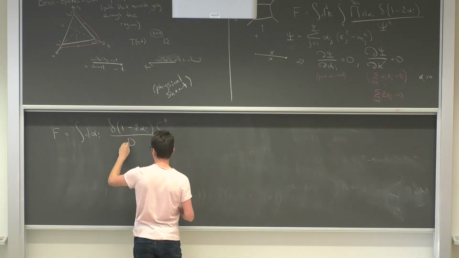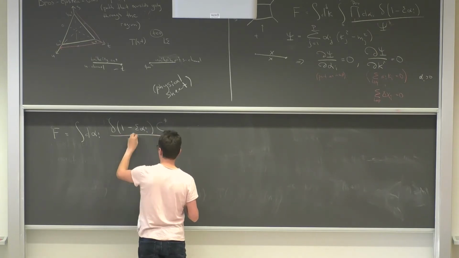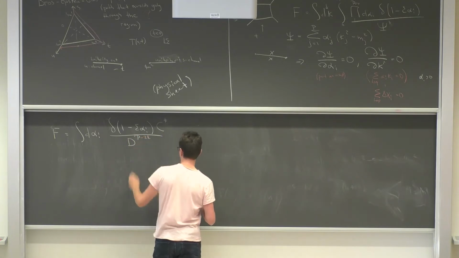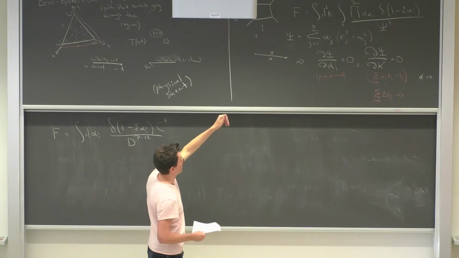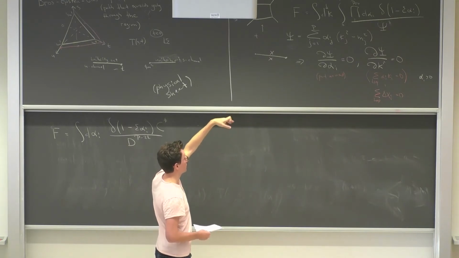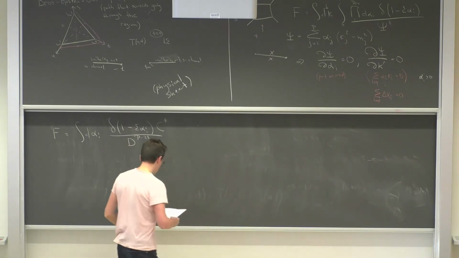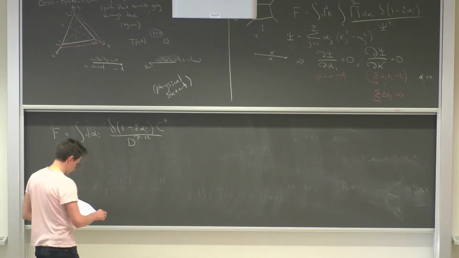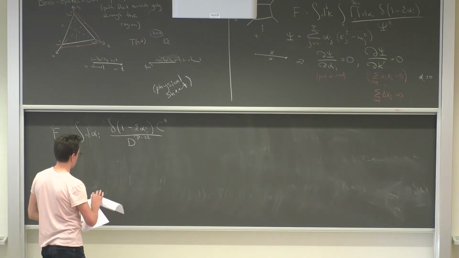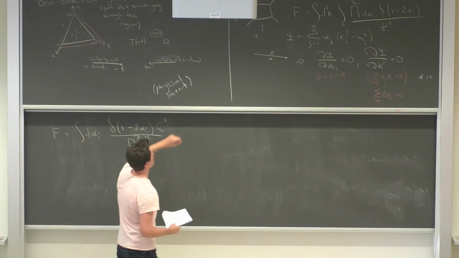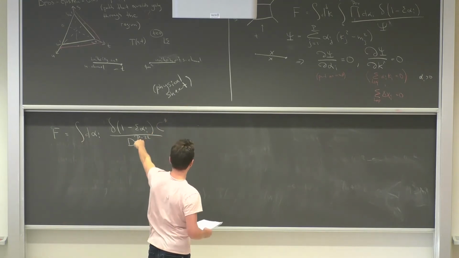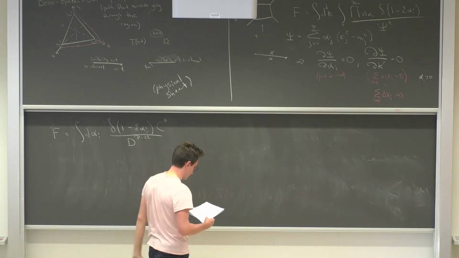And you have some function D in the denominator, and you can compute this function D by just doing a Gaussian integral. You can put i to the exponent, integrate over k. There is also a graph theoretical way to write down D. It's related to some trees of the graphs. So you look at the graph, you can write down D directly or do this integral, it doesn't matter.